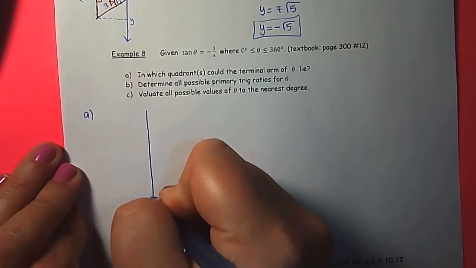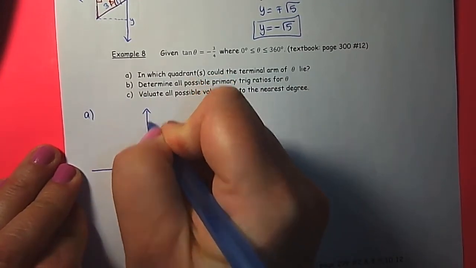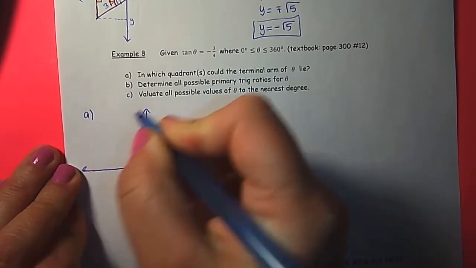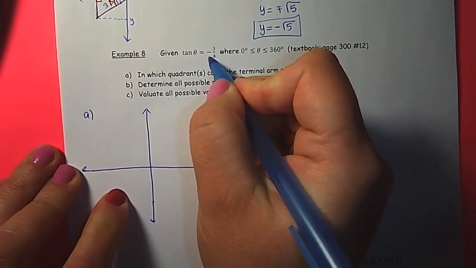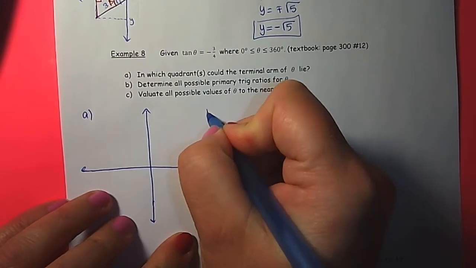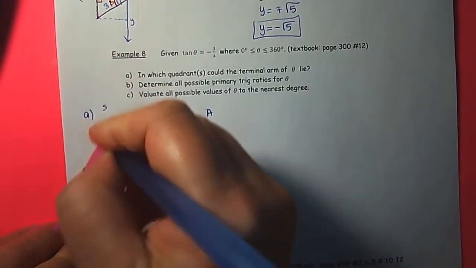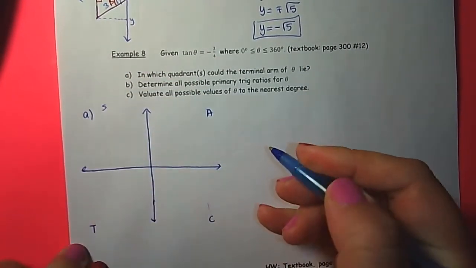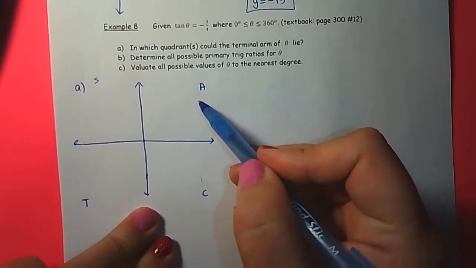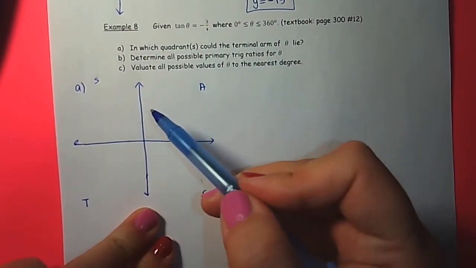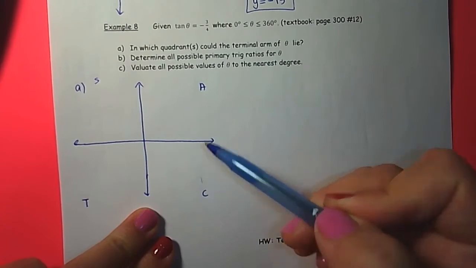So let me draw x and y axis here. Given the tangent value is negative, first you have to decide in which quadrants the tangent is negative. So all positive, only sine positive, only tangent positive, only cosine positive.